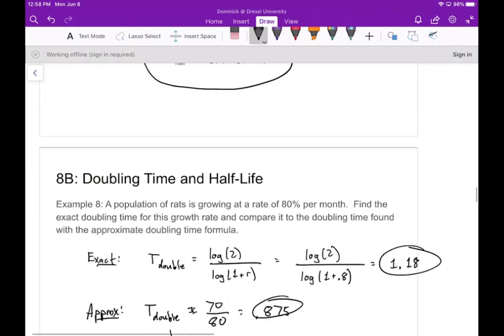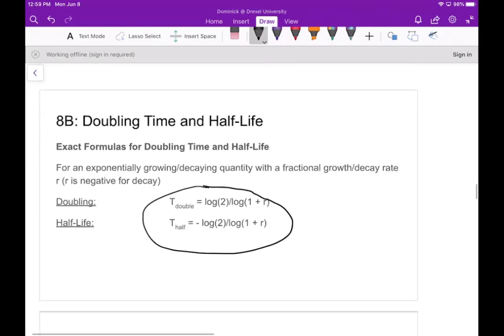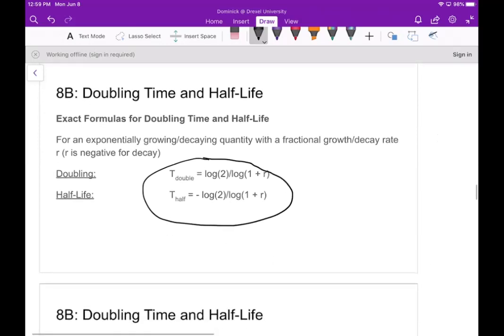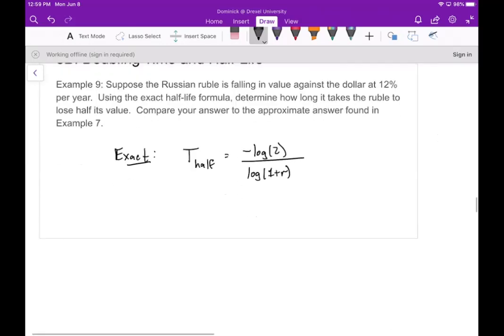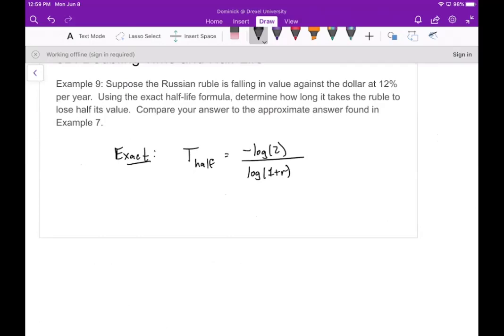Right, let me just make sure that that is correct. Yep. So of course here, we have minus log 2 over log of 1 plus r. So now in this case, we have minus log 2 over log of 1, and since r is negative, it's minus 0.12.